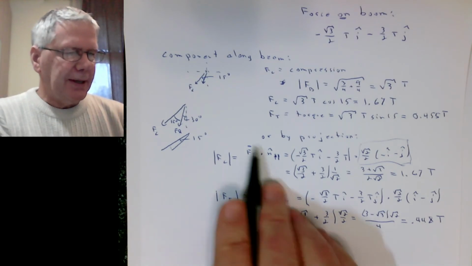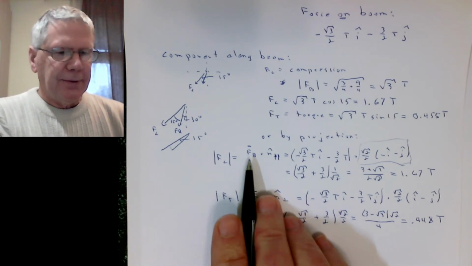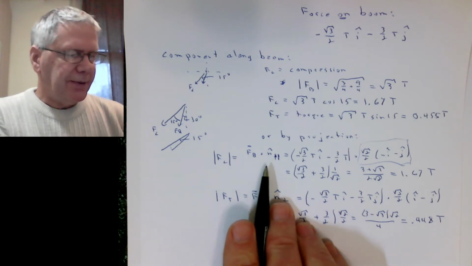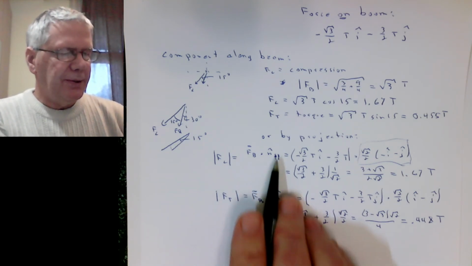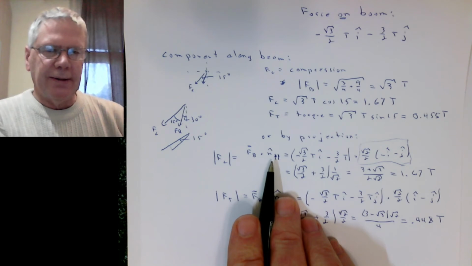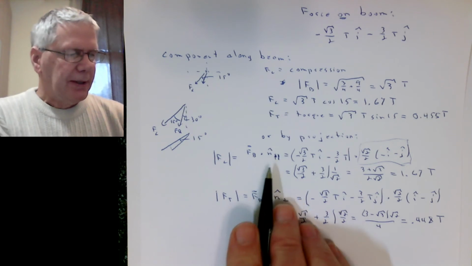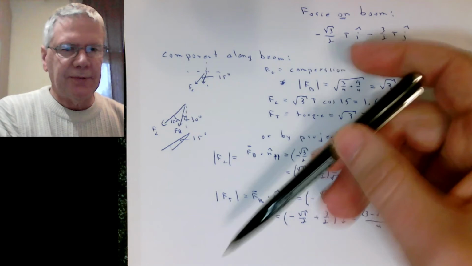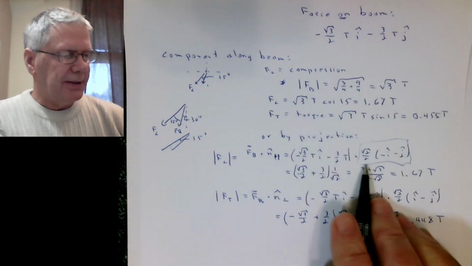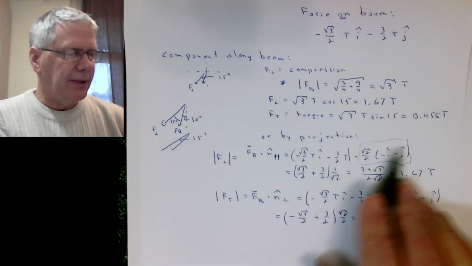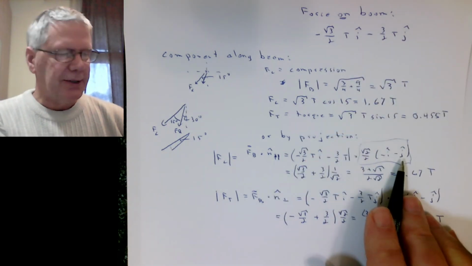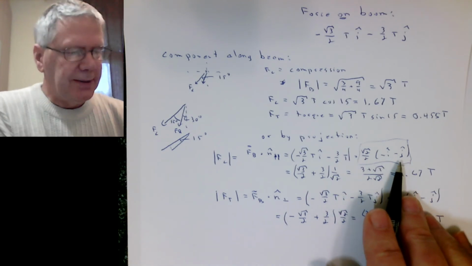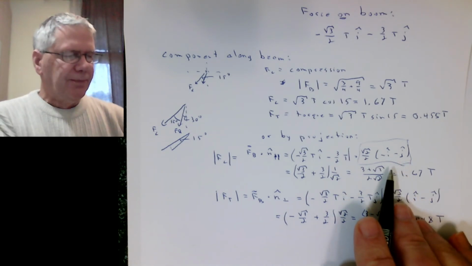I have the force here on the boom, and I have to take the dot product of a unit vector in the direction of the boom. So I want the force in the minus 45 degree direction, and that's this vector here, minus I minus J. That's minus 1x minus 1y. It goes in the direction of the boom.